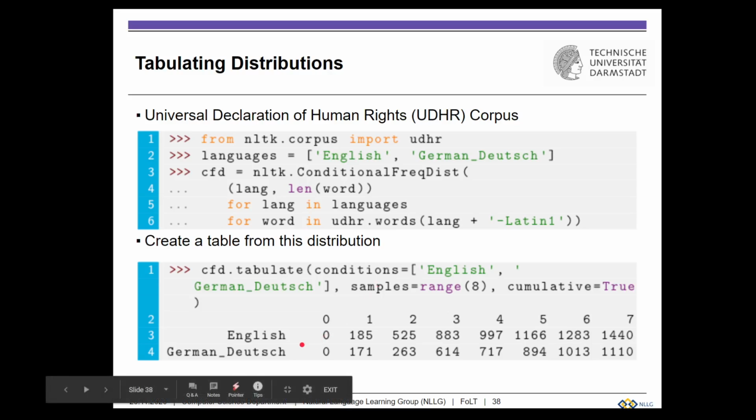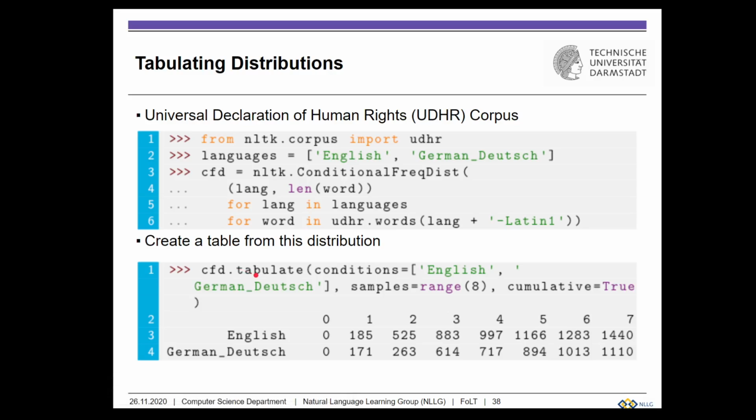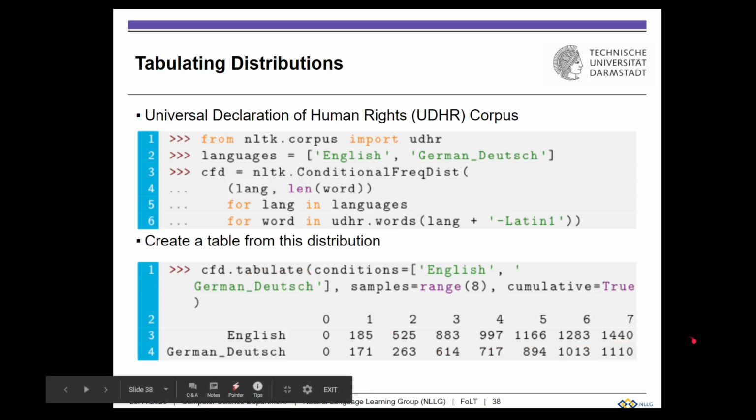Let's do some operation on our conditional frequency distribution up here. Namely, we outline what is going on in this frequency distribution, and we use the tabulate method for this. You will see here by way of illustration what it's doing.